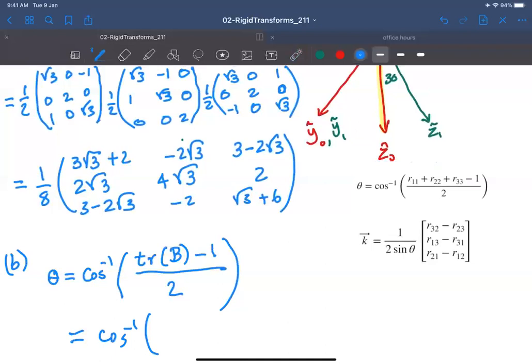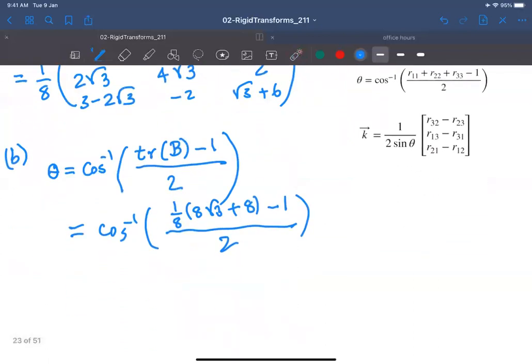So the trace is going to be 3 plus 4 plus 1, 8 root 3, 8 root 3 plus 2 plus 6, which is 8. And then don't forget about the 8 outside here, which is part of the trace. So we have to multiply this by 1 over 8. And then we subtract 1 from here, and then divide the whole thing by 2.